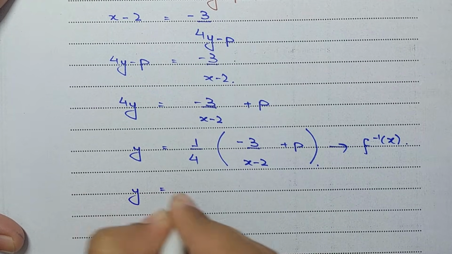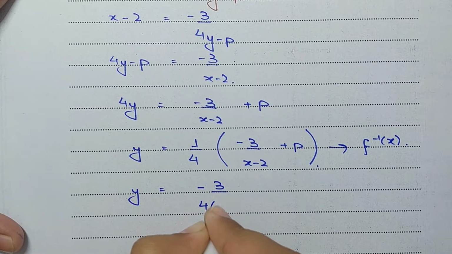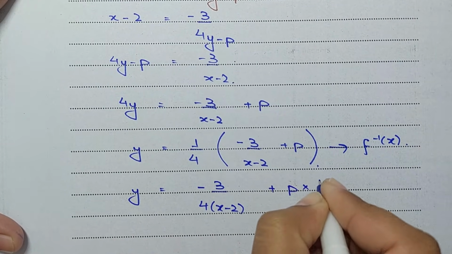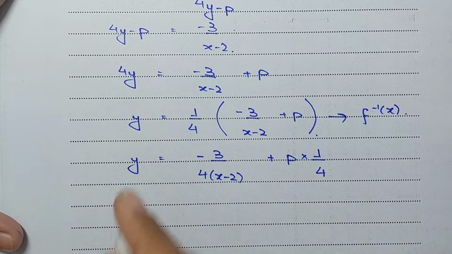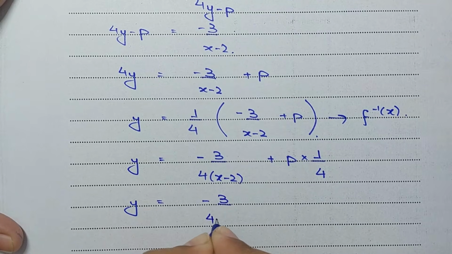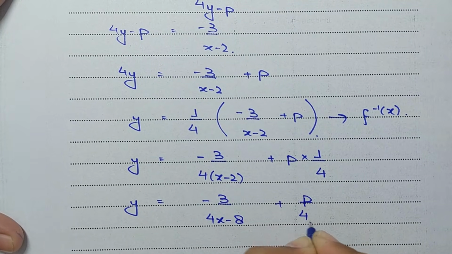So y would be equal to minus 3 over 4 multiplying with (x minus 2), and plus p multiplying with 1 over 4 as well. 1 by 4 is multiplying with this expression and with the p. So here y is equal to minus 3 over (4x minus 8) plus p over 4.